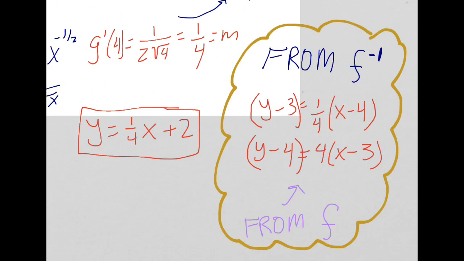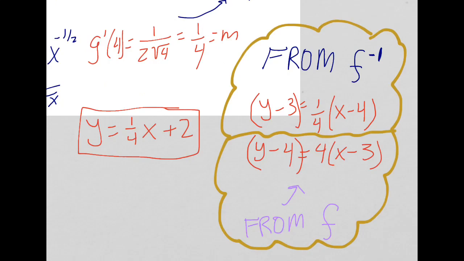So I don't remember where I left off that sentence, but I want to point this out to you because it's just pretty cool. So in the top there, we have the tangent line from the inverse function, and in the bottom, we have the tangent line from the original function, both written in point-slope form. Look how cool those are.